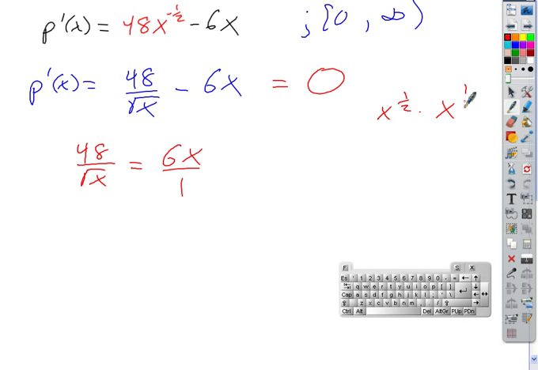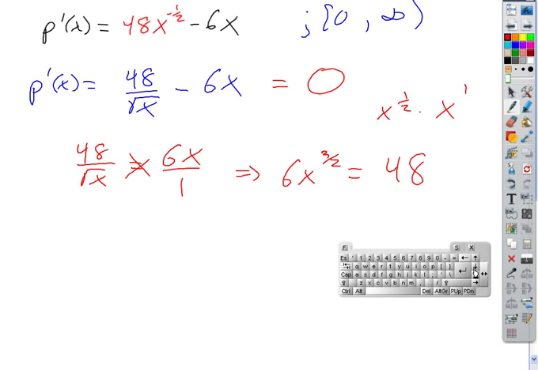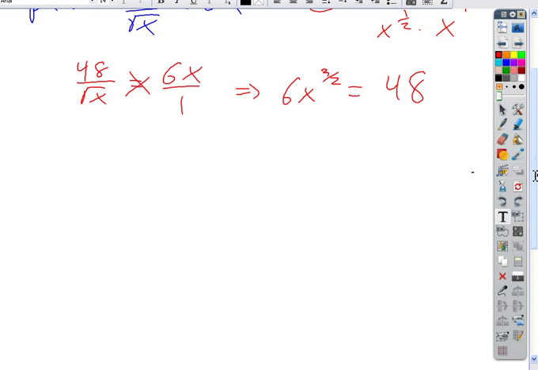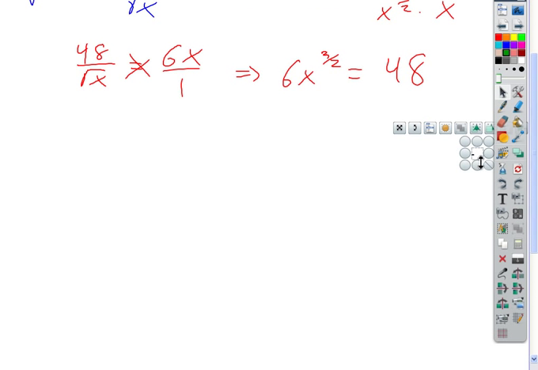So when I cross multiply, that's going to give me 6x to the 3/2 equals 48 times 1. We'll divide by 6, and we get x to the 3/2 equals 8.